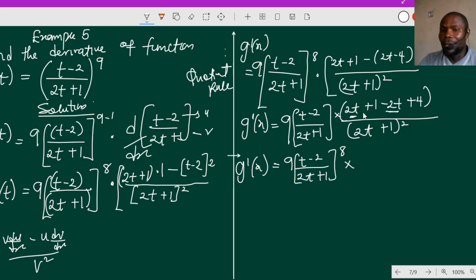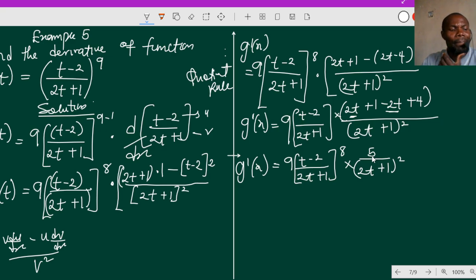So plus 1 is 2t. It will now remain 1 plus 4, making 5 over 2t plus 1 all squared.